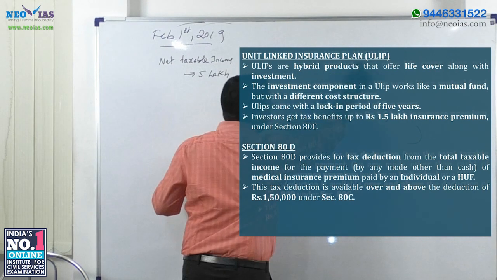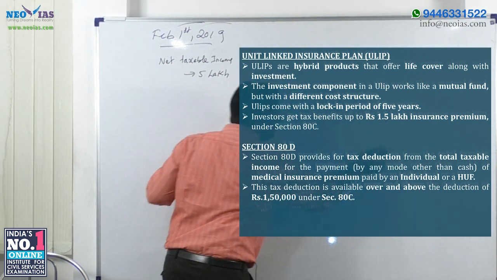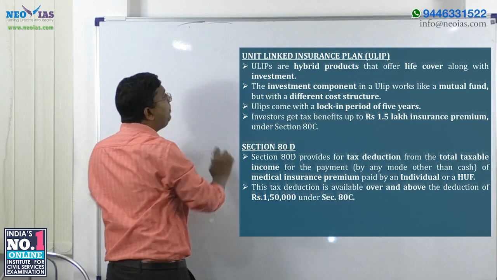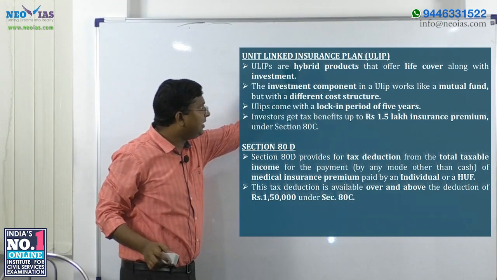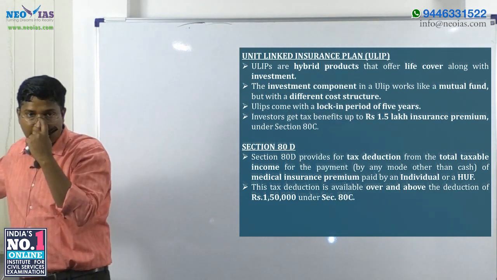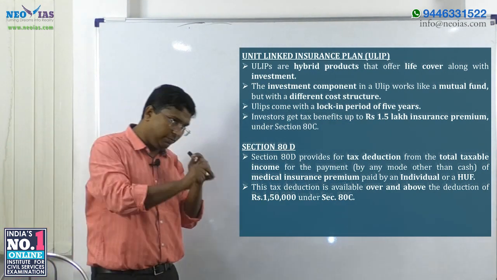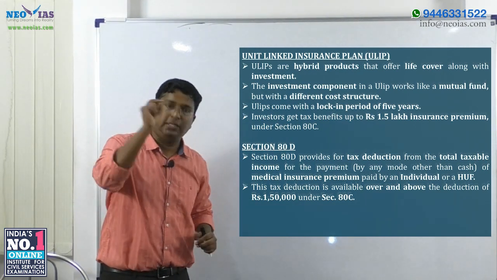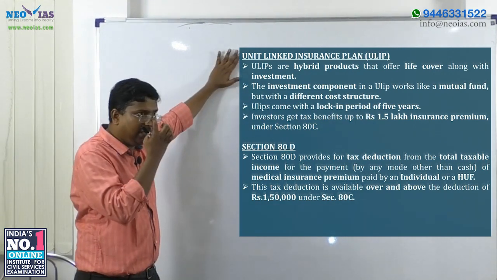Now, ULIP, I just want to explain this concept because all the other things I have discussed. ULIP is just a hybrid instrument. ULIP means it's an investment, but what type of investment? Investment linked to insurance. So basically an equity investment linked to insurance.